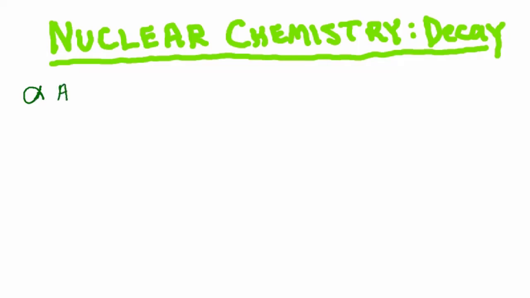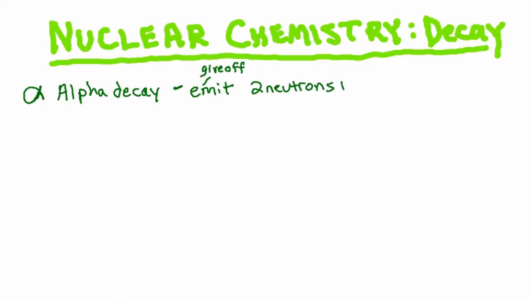So alpha decay is going to emit, and by emit, I just mean give off, 2 neutrons and 2 protons. So we're going to write it like this.